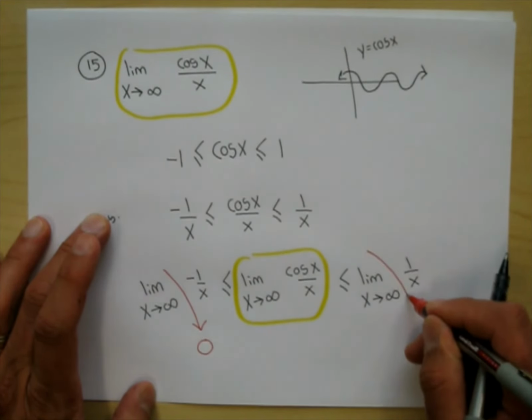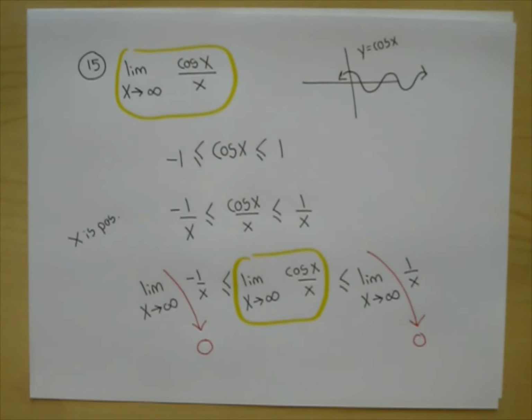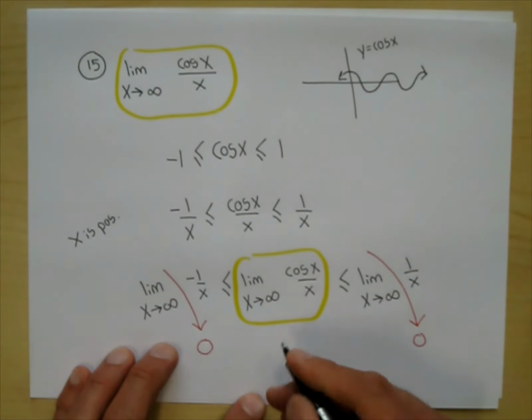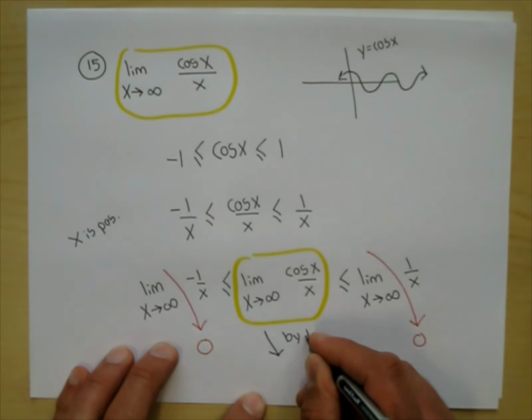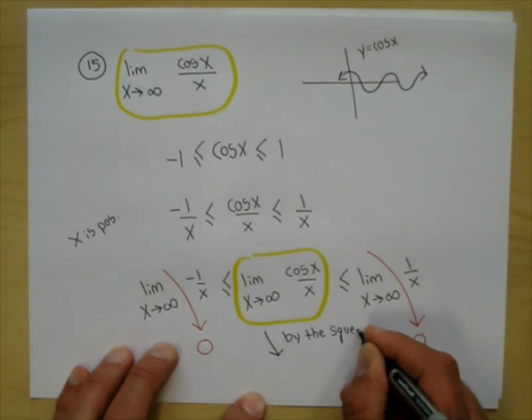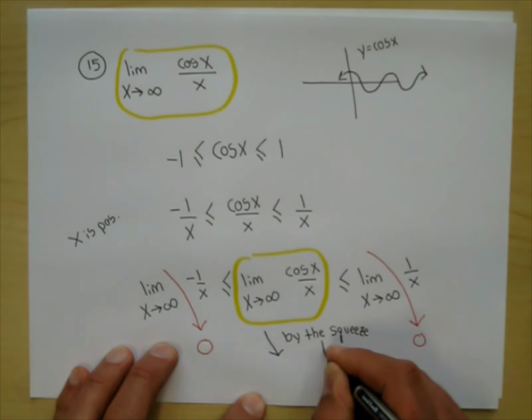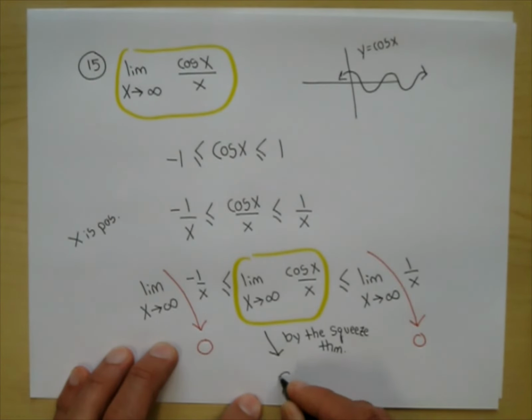And this one right here also goes to 0, or equals 0. And so, by the squeeze theorem, this guy goes to 0 as well, so 0 is the answer.